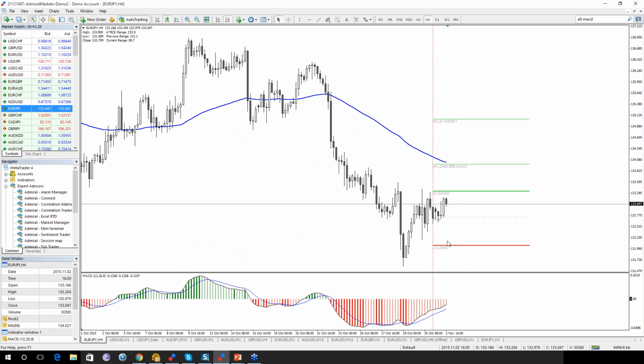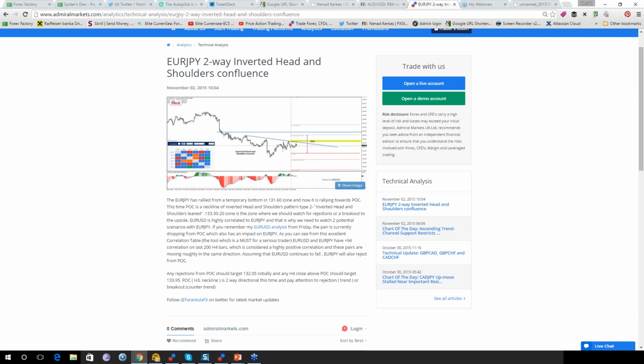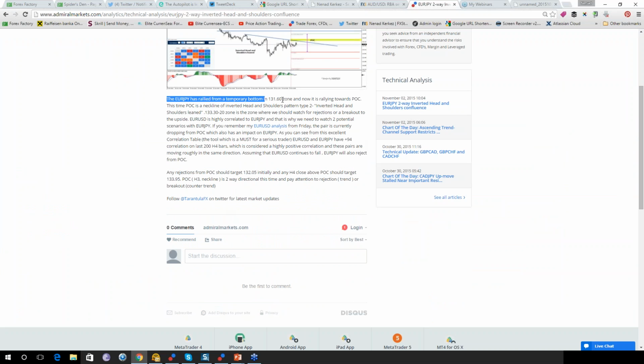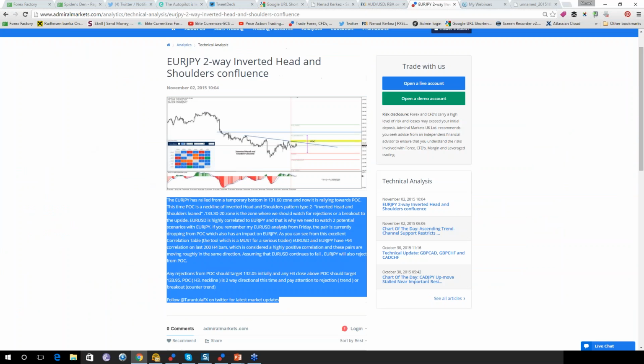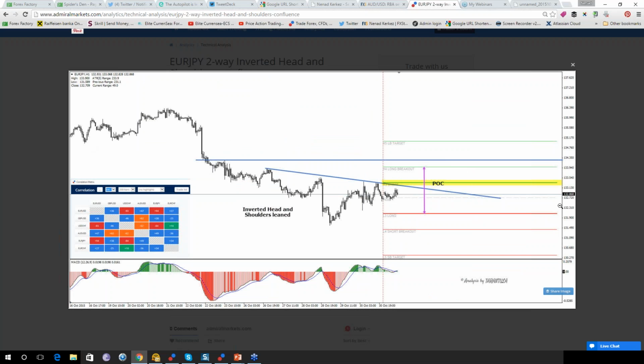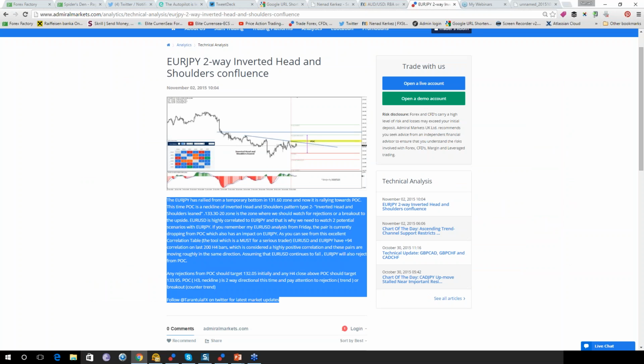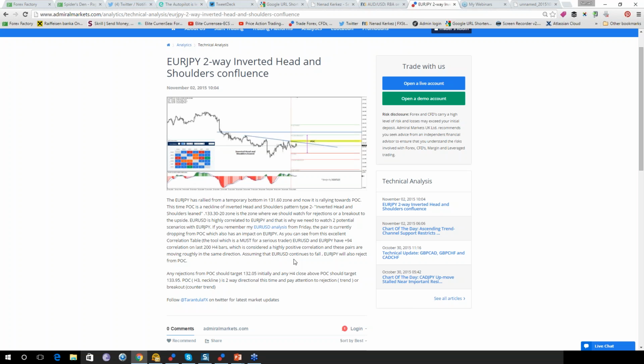See, the price is rejecting. It was a slow day, but sometimes even during slow days, the price will listen to the analysis. At the time while I was making the analysis, the price was at 132.86 and it came to 133.20 and it rejected. But now it's end of day trade, so we need patience.